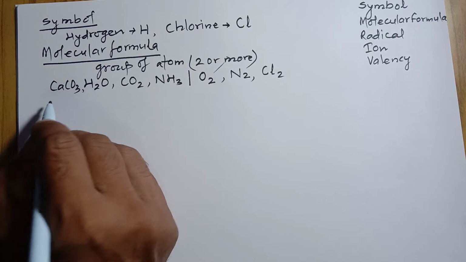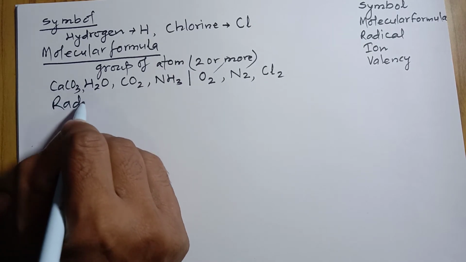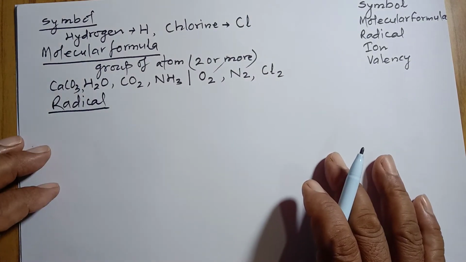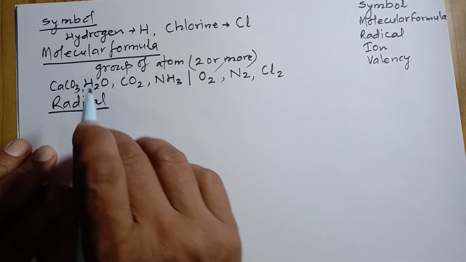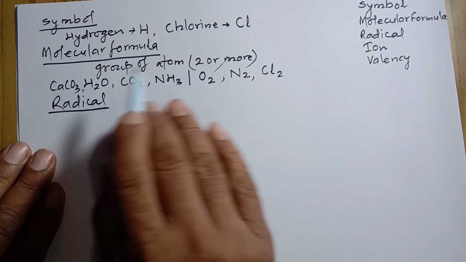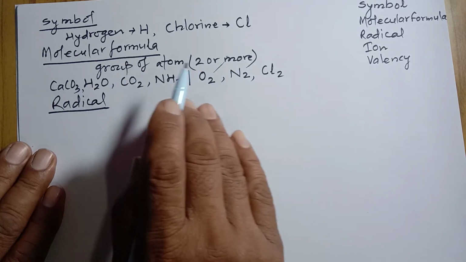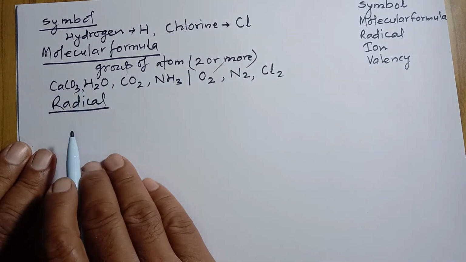Let's talk about radical. What is radical? How can we define radical? The group of two or more than two atoms of elements which behaves as a single unit.